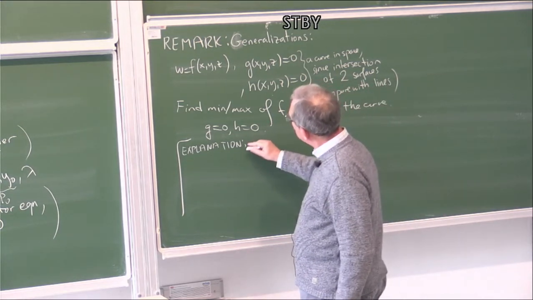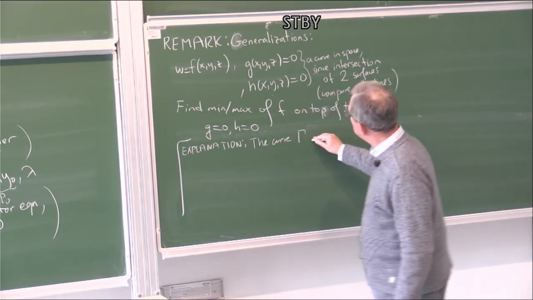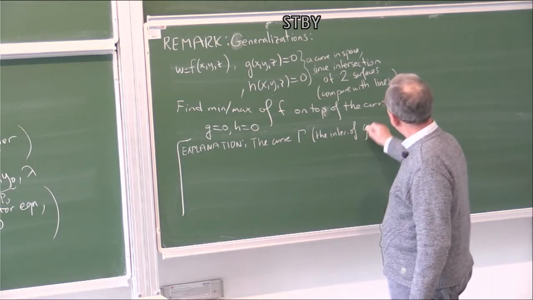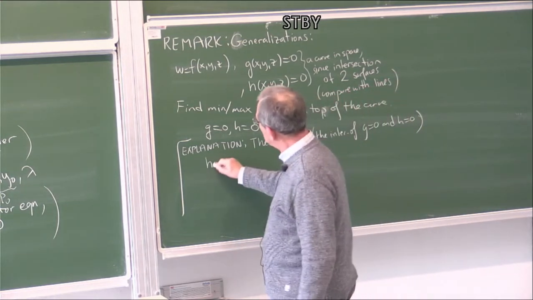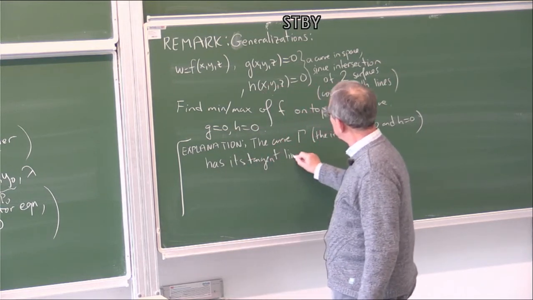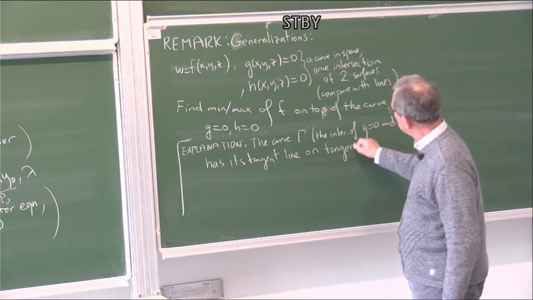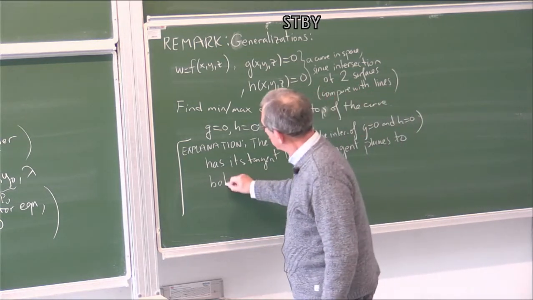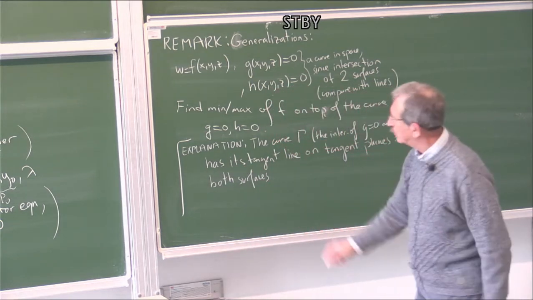Now the curve, say gamma, which is the intersection of G equals 0 and H equals 0, has its tangent line on the tangent planes to both surfaces at a given point, of course.